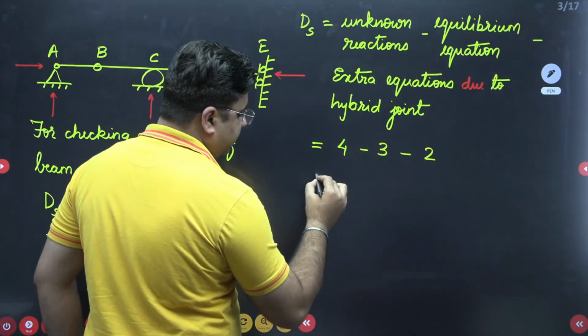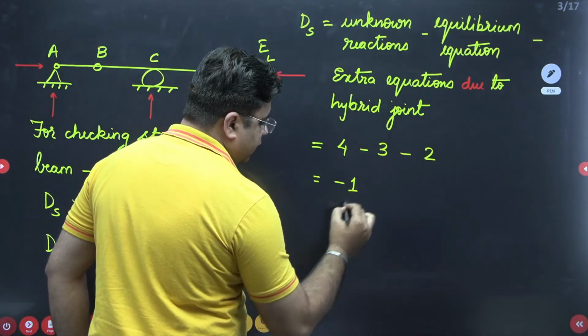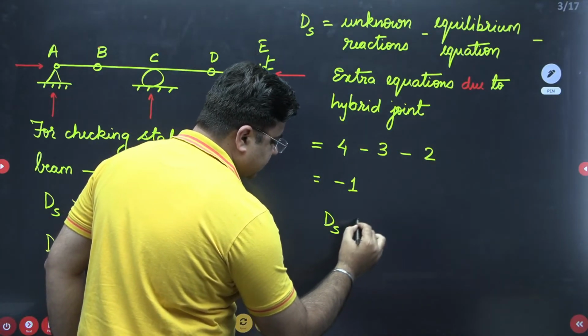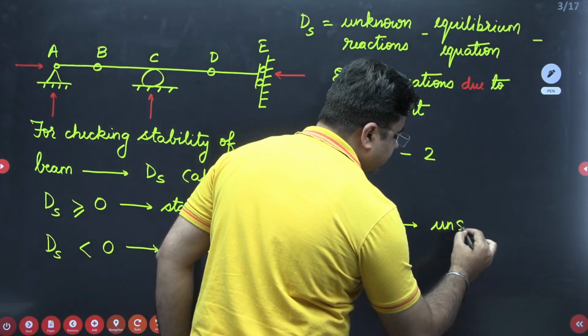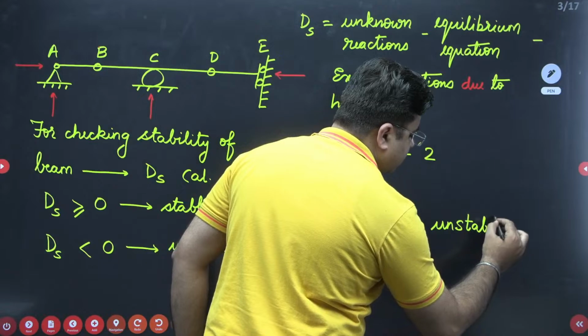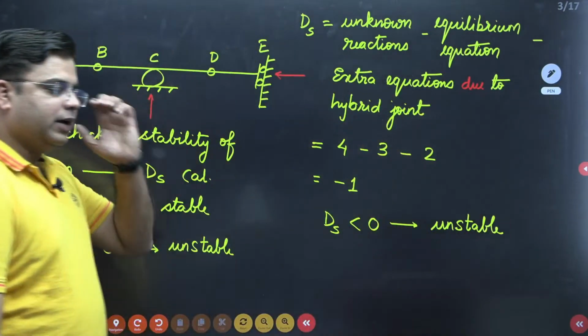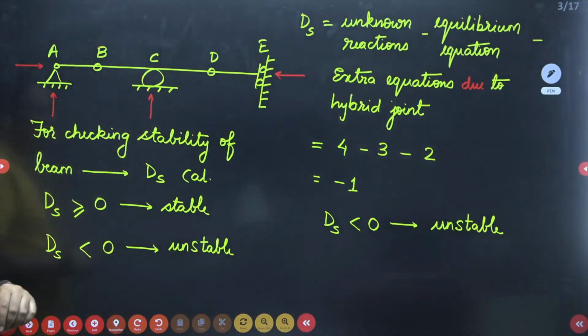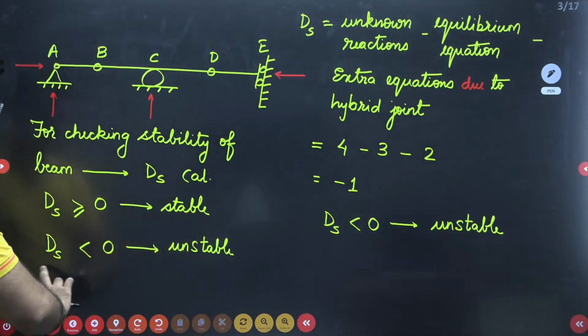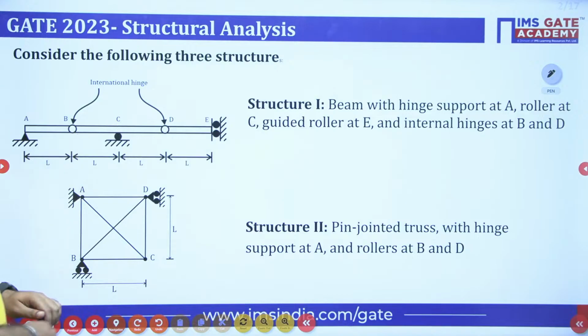So this will be -1, right? So DS is less than 0, therefore this beam is an unstable beam. This is a roller support, not a guided roller support, right? Okay, so the first beam is our unstable beam.